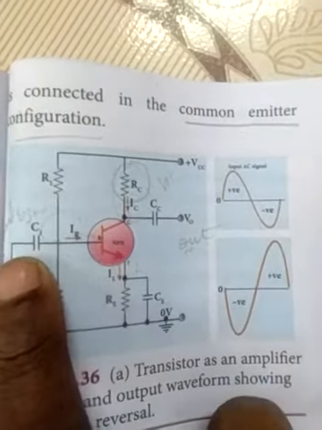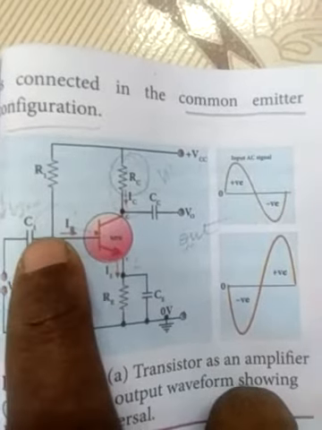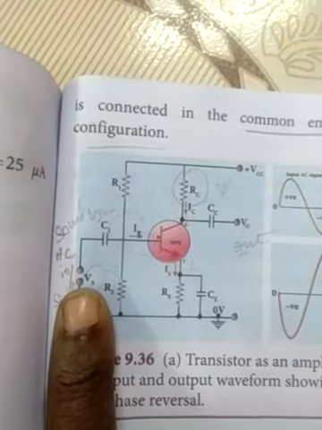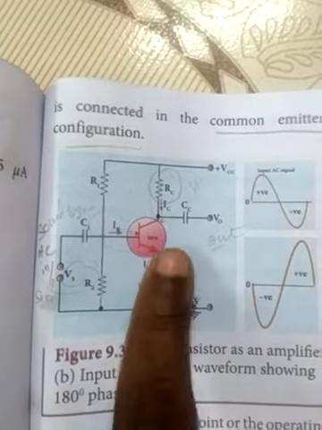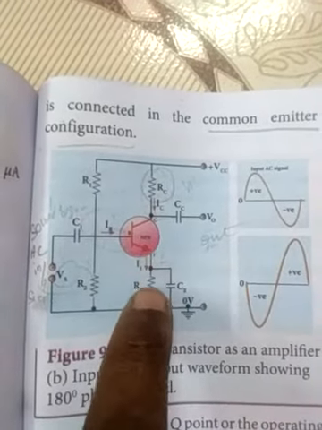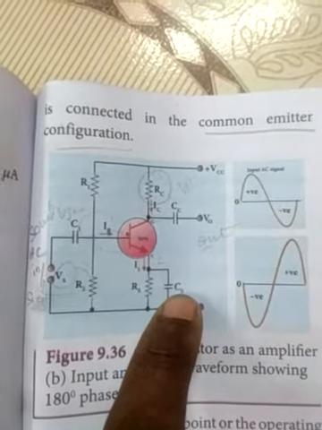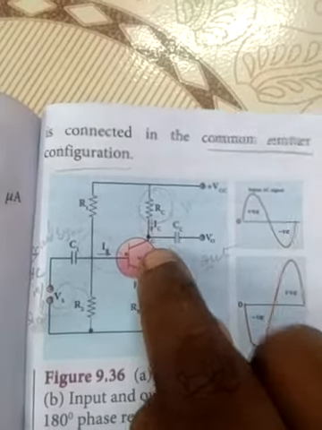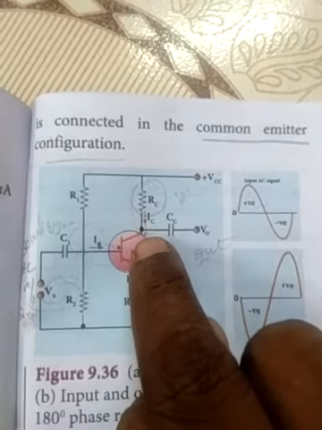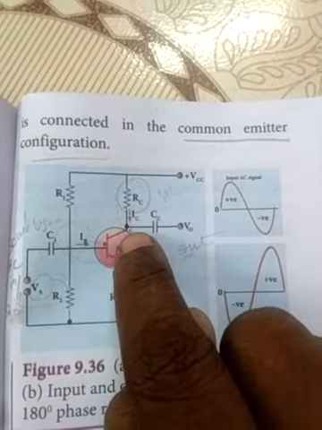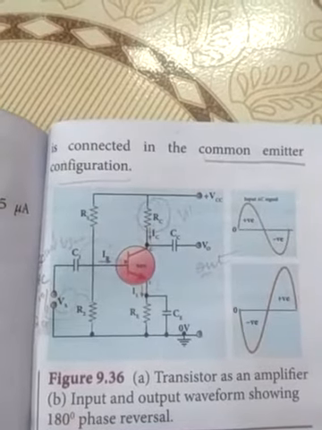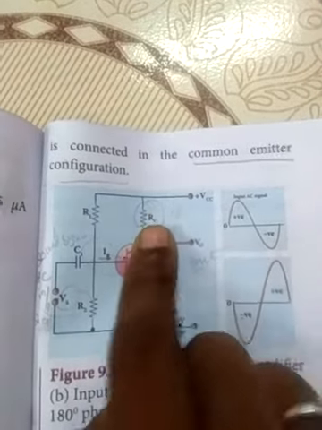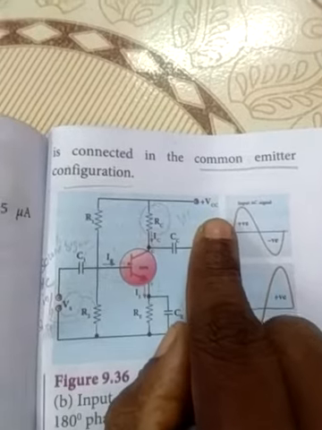We connect one capacitor at the base, and the voltage is an AC source, the AC input. The emitter is connected to a resistor and an emitter capacitor. Then the next capacitor, and the collector is connected to the collector resistance, then the output, and VCC.